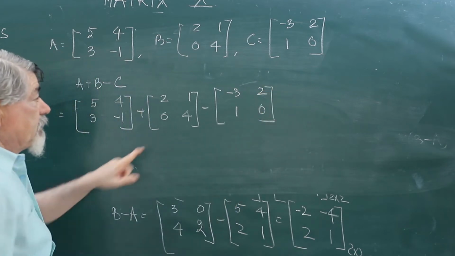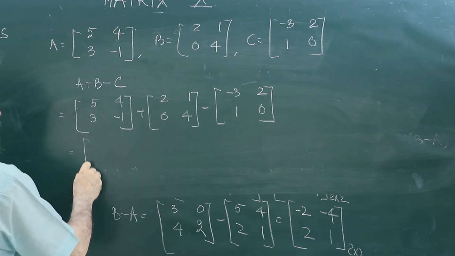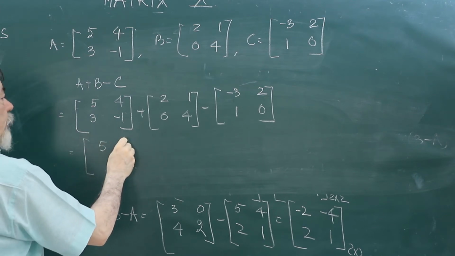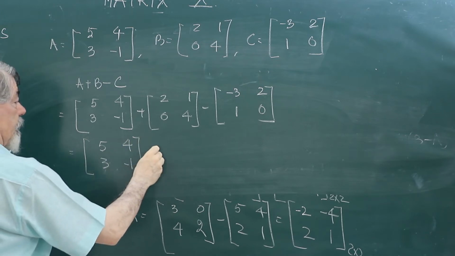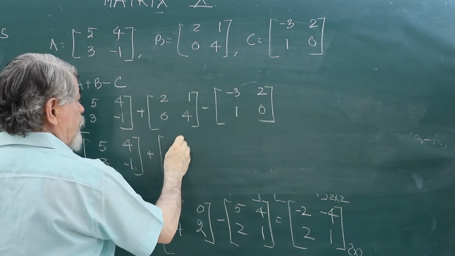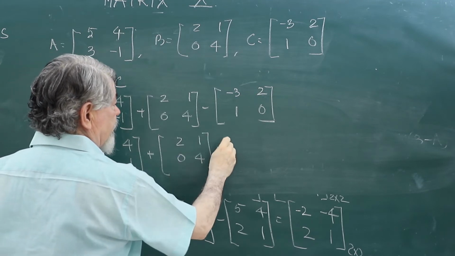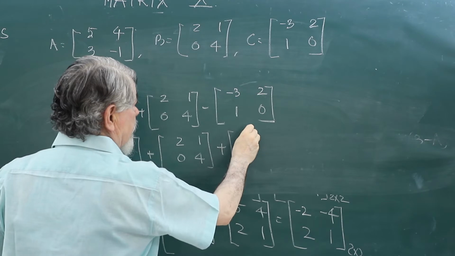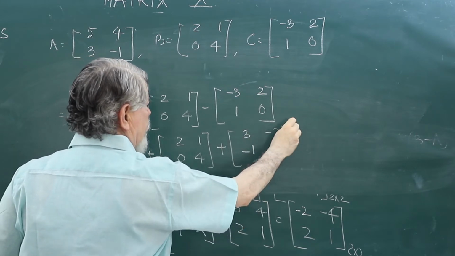Now again we'll take the minus sign inside. You can do it without that also, there is no issue, but it will be easier for you to do it that way. We will take the negative sign inside, make it plus 3, minus 2, minus 1 and 0.